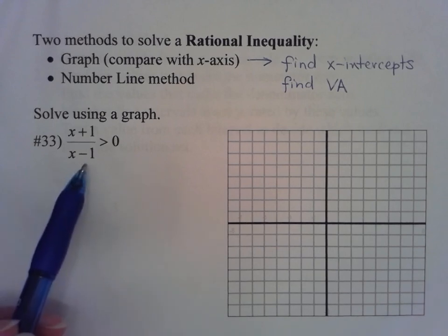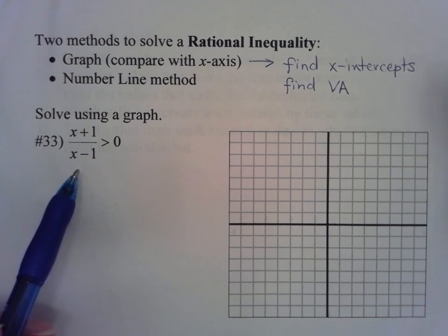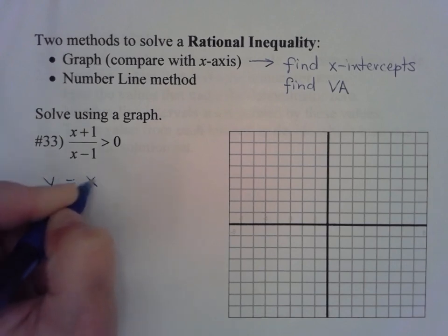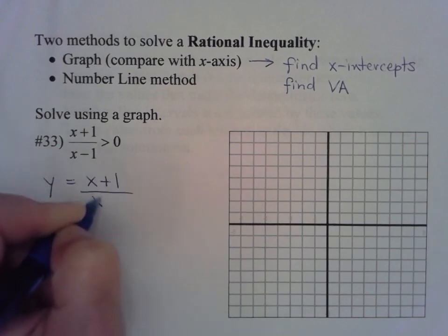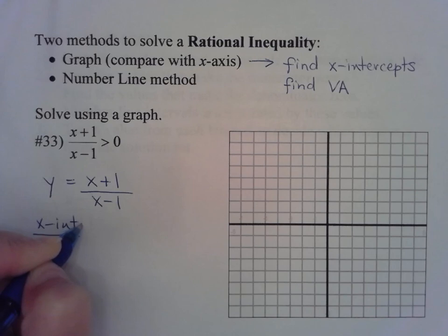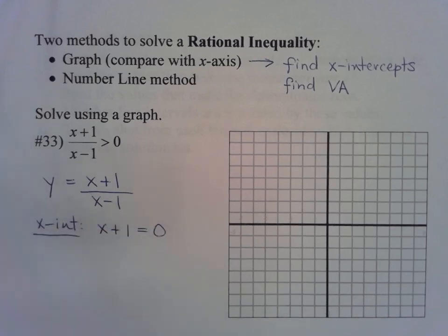Okay, so we can make the graph, well, actually, we need to start out by finding these, and then we can make the graph, just like we did in the previous video. Okay, the x-intercepts are going to come from setting the numerator equal to 0. Let me write this as a function. So to find the x-intercepts, we're going to set the numerator, or the top, equal to 0.